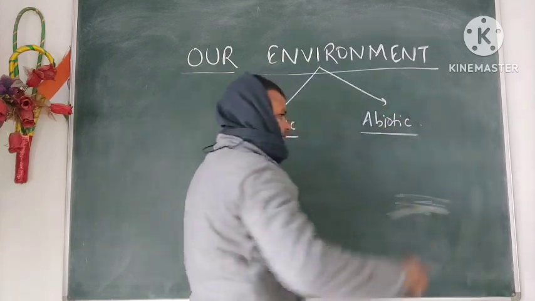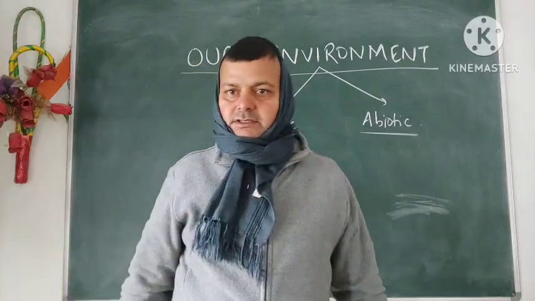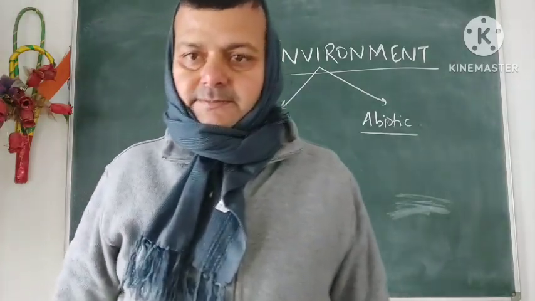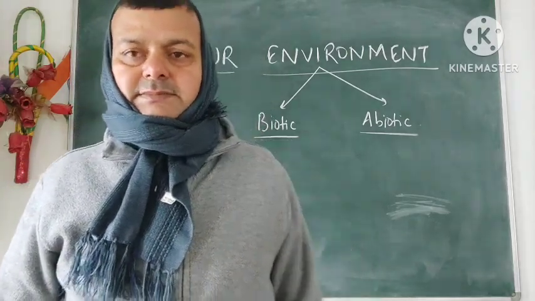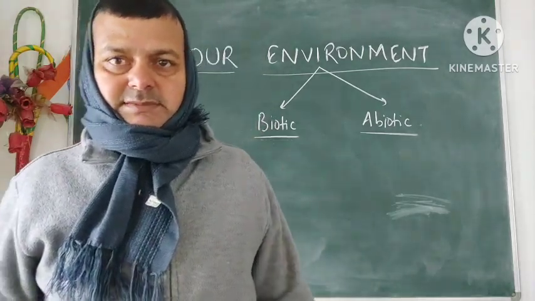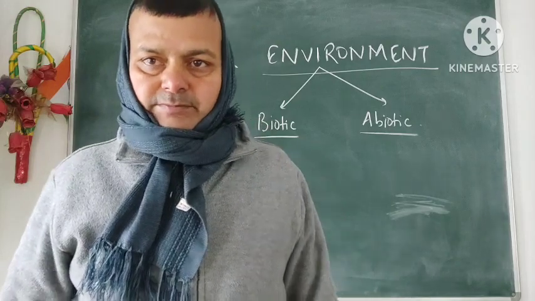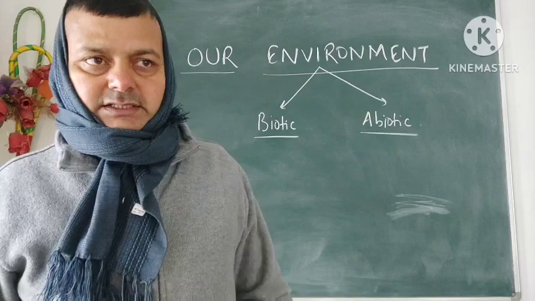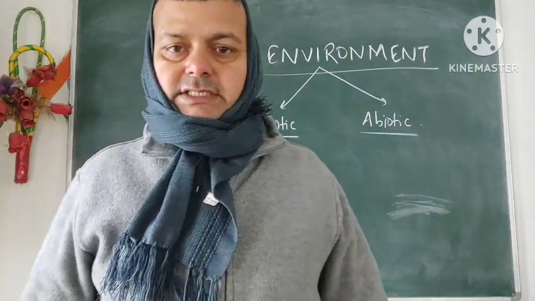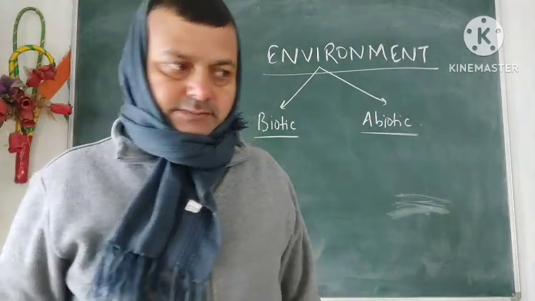Now, the biotic components or the living components are all the living organisms which are surrounding us, including plants and animals, even microorganisms, and some other organisms in the form of decomposers. And abiotic components are the non-living components like your soil, water, air, etc.